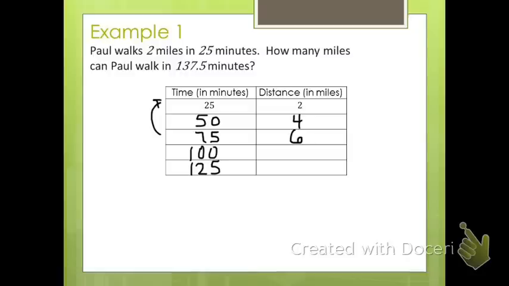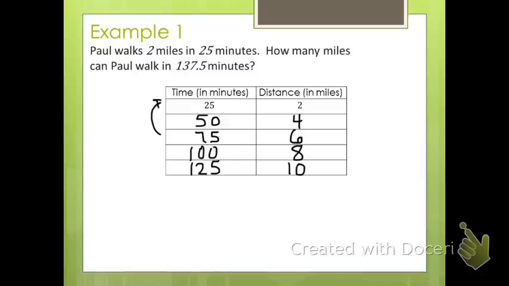Well, in 100 minutes, he could go 4 times as far. 4 times 2 is 8. And 125 is 5 times 25. So 5 times 2 would be 10.